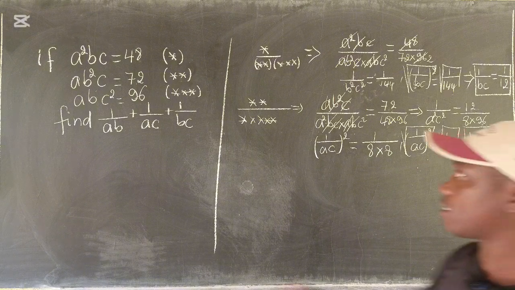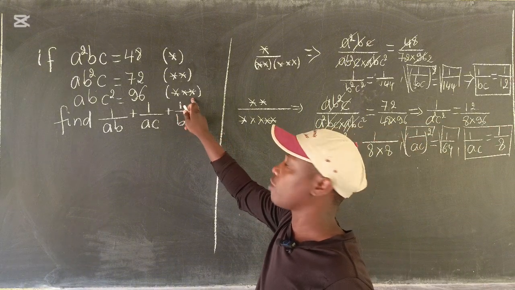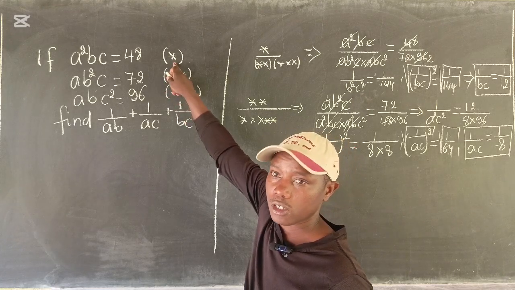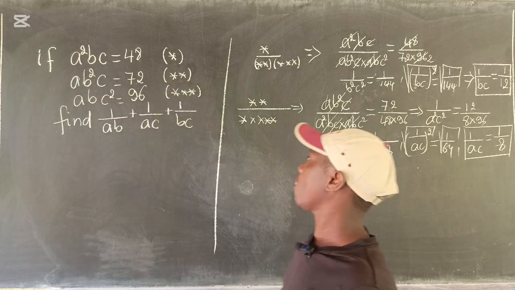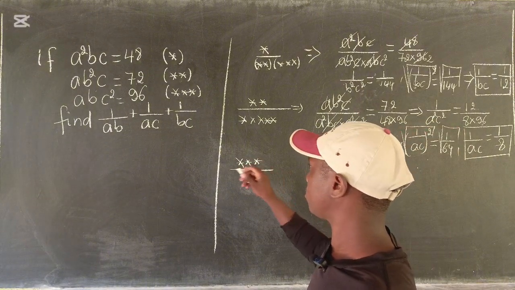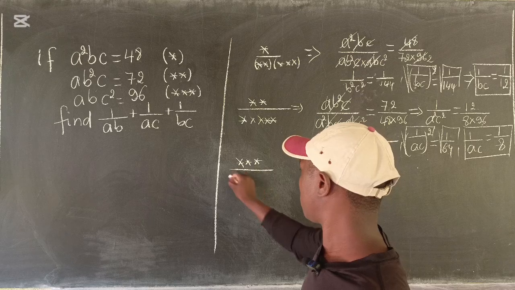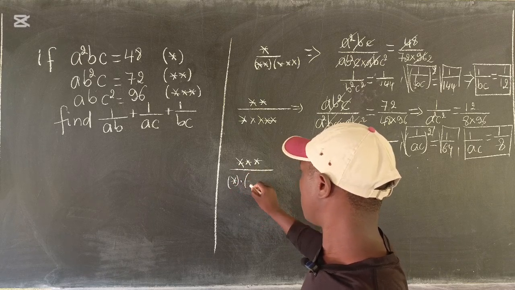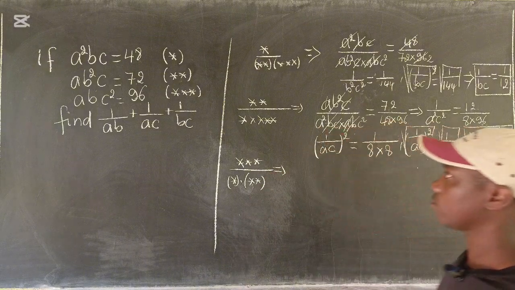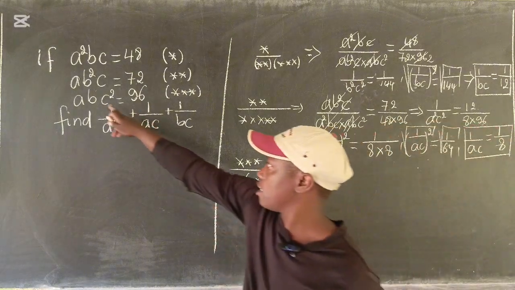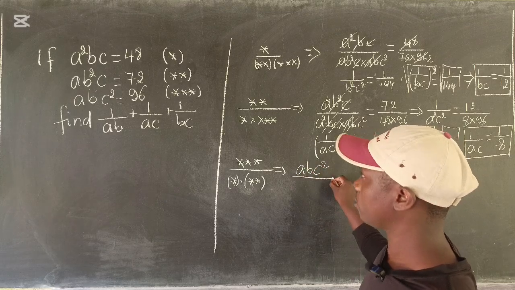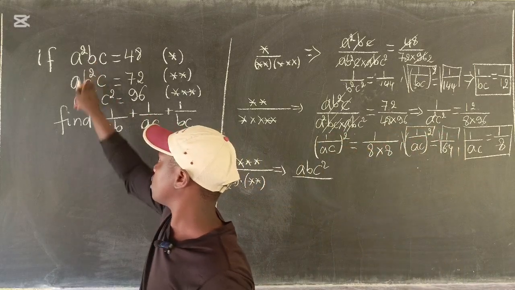Let's have equation 3: star 3 over the product of star 1 and star 2. Here we have star 3 over star 1 times star 2. This is to say, a b c squared over the product of this and this.